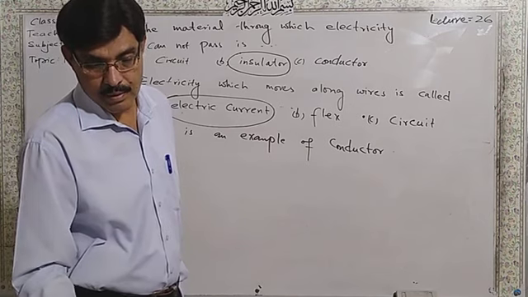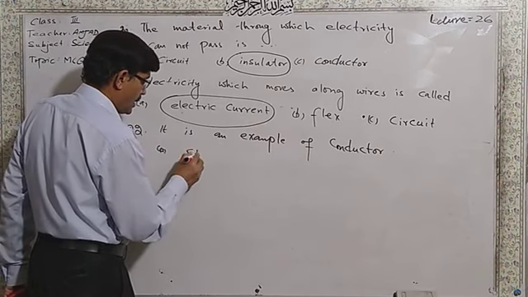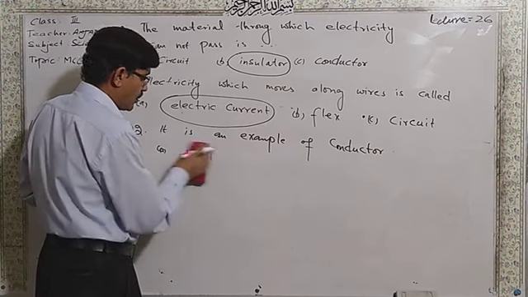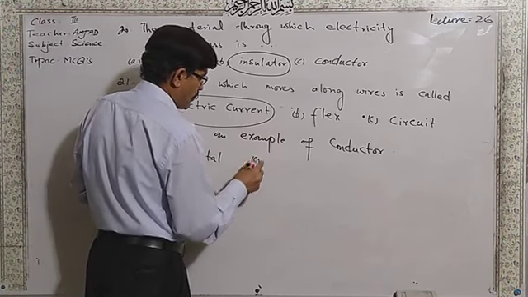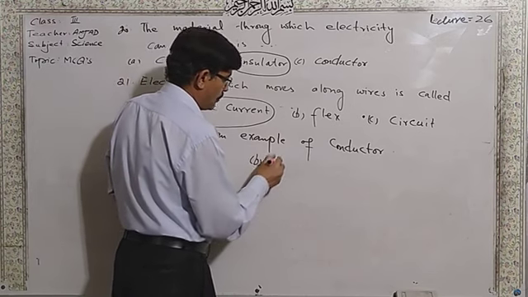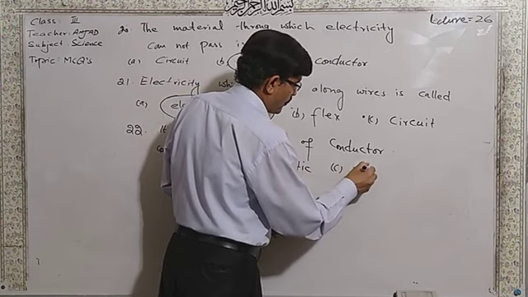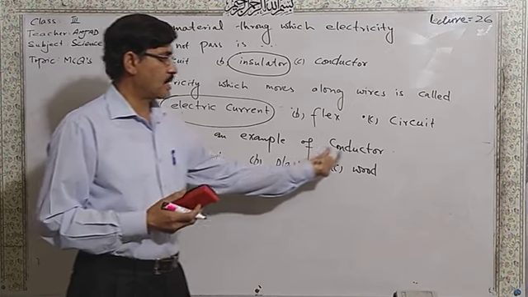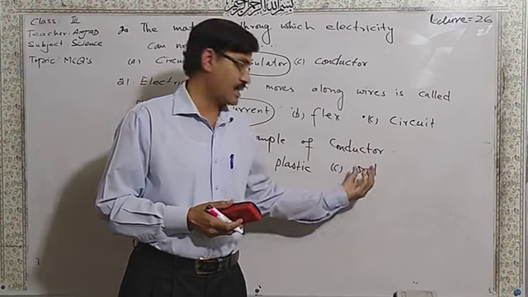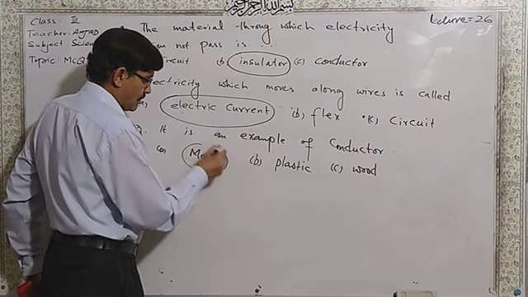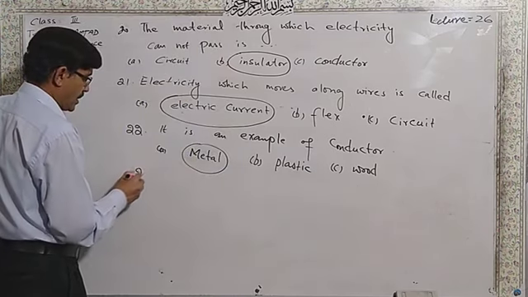A, steel; B, plastic; C, wood. Steel, you can write metal here also. If you know about conductors, electricity passes through these kinds of materials very easily. That is called a conductor.